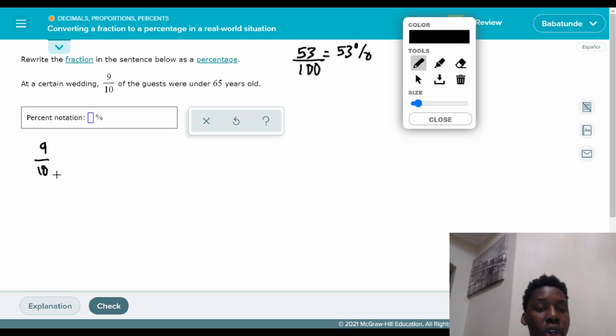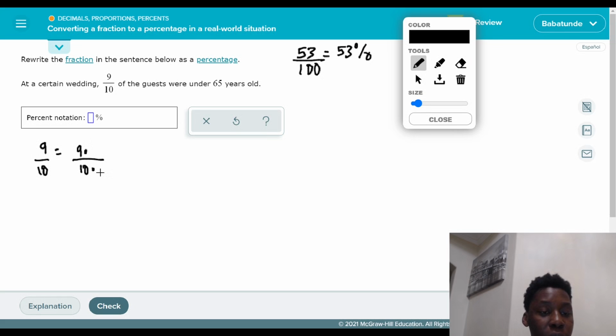This is the fraction. In order to convert this to a percentage, we need the denominator to be 100. For the denominator to be 100, you can ask yourself, what number do I multiply at the bottom to make the bottom 100? So this is 10 times, and this is 9 times.